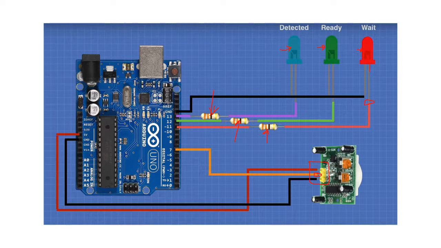But remember, once the movement sensor detects and brings in the communication through pin 7 here that, hey, there's somebody in the room, take care, what happens is that the Arduino now sends signals, and most of this goes in form of voltage. It's like sending power. So if you're sending signals to this LED, it should not burn the LED, and that's why in the middle you're having resistors.